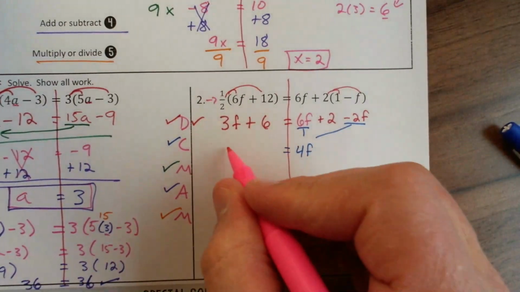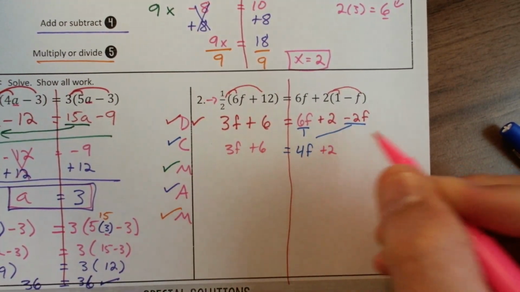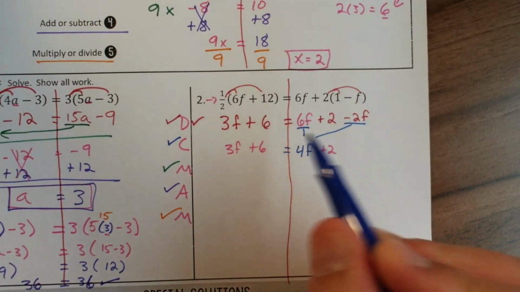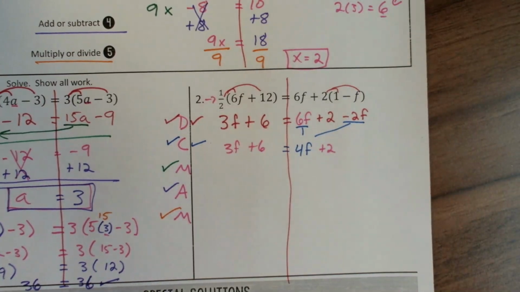Nothing happens with this 3f plus 6. Nothing happens with that positive 2. There was no combining of like terms there, only here.